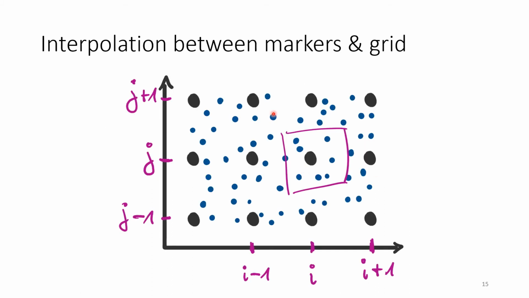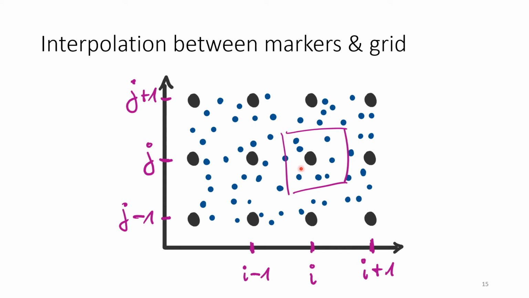All right, so here in black, we have our Eulerian grid. All those blue dots are my markers, which are moving relative to my 2D mesh. Now I have my grid point i,j, and this is surrounded by some region of interest, which I can define as I like.